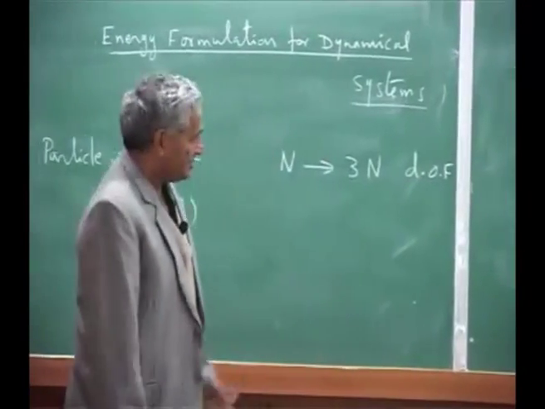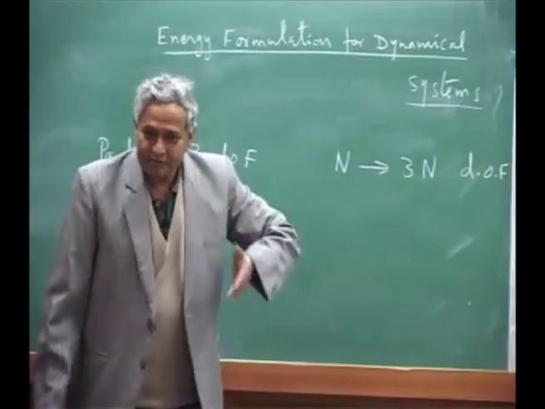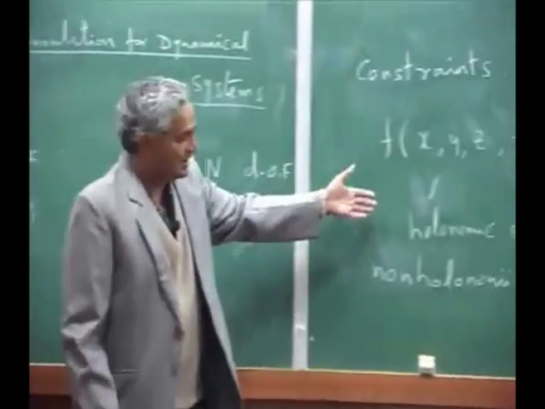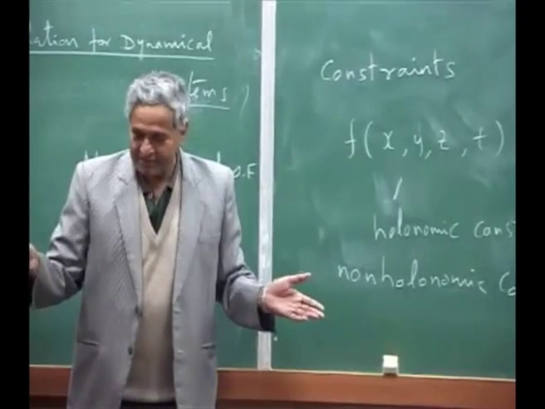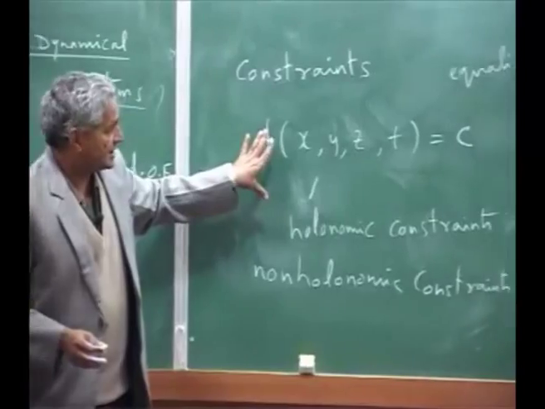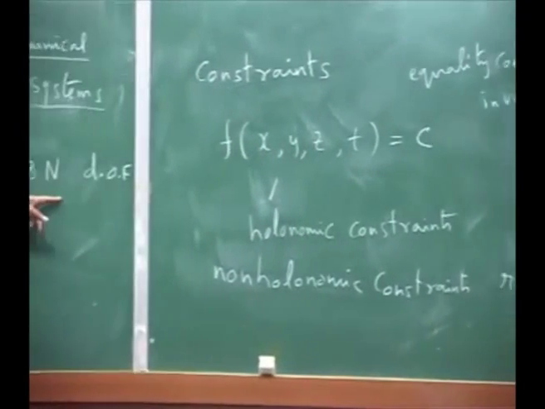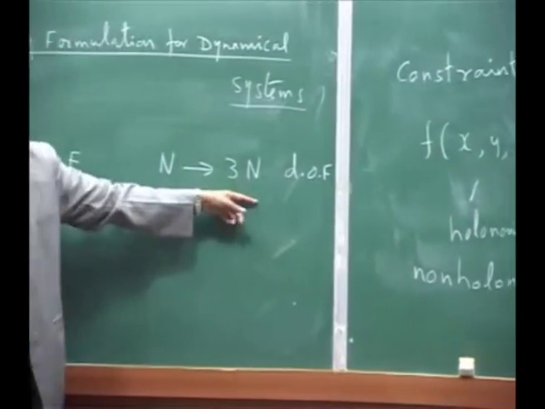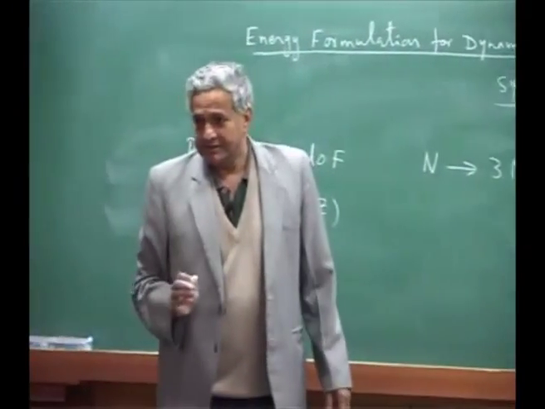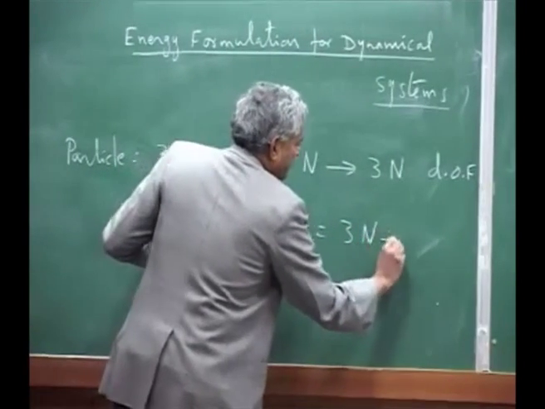Now let us take this as a holonomic constraint, and what we will do is see how these constraints are represented when you give a virtual displacement. Because when you have constraints, the number of independent degrees of freedom will get reduced by how many constraints you have. So finally you will have only 3n minus c, where c is the number of constraints, not a constant.